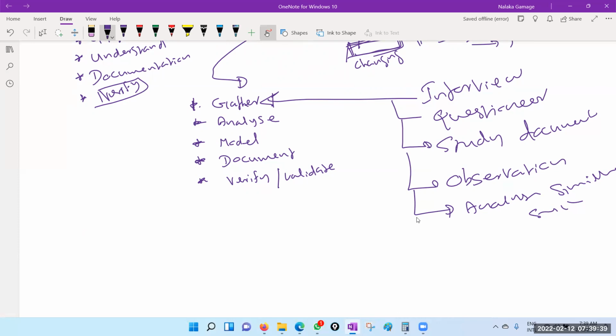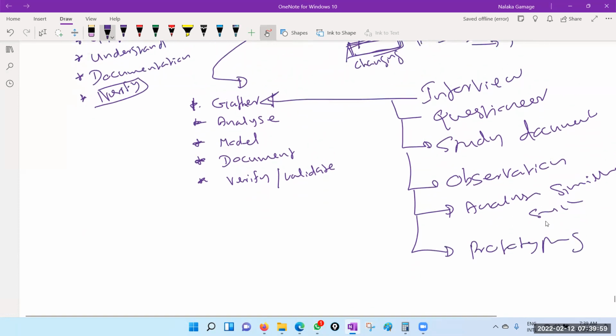And even we can do some prototyping as part of the gathering. Actually, the prototyping is going to help this requirement gathering. Okay. It's not really a gathering, it's helping. And more than this, the most important thing, I'm not saying that these are bad. We use these even today when we need.